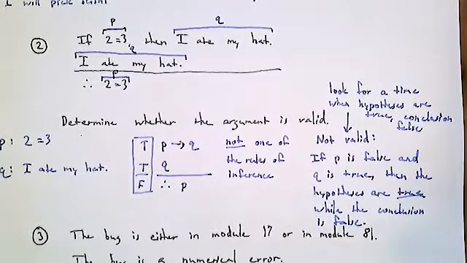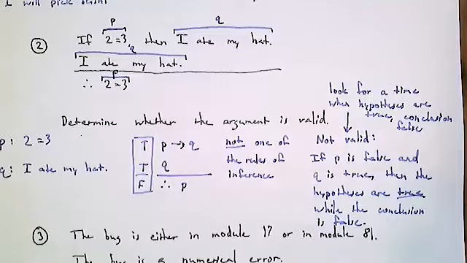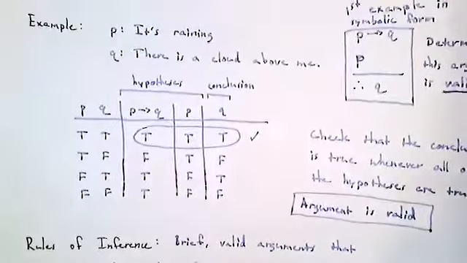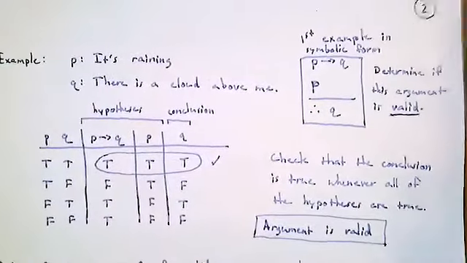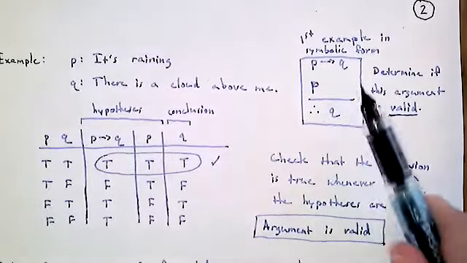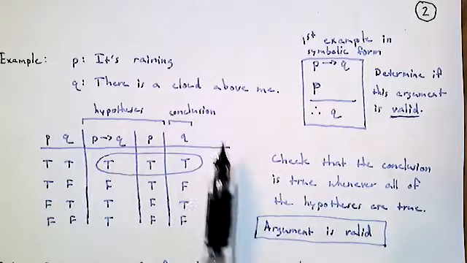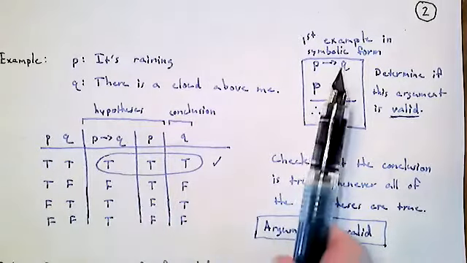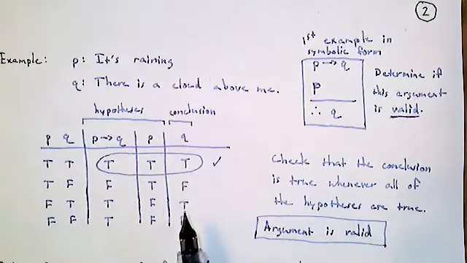Okay, so if you run across a problem like this and you're not sure what truth values to plug in for P and Q, then the method that's always going to work is to go back to this example from last time where we were looking at this symbolic argument. And what we did was we made a truth table with columns that had the two hypotheses and then another column for the conclusion.